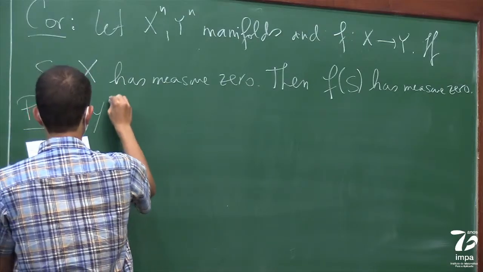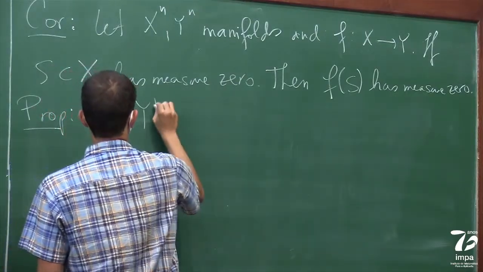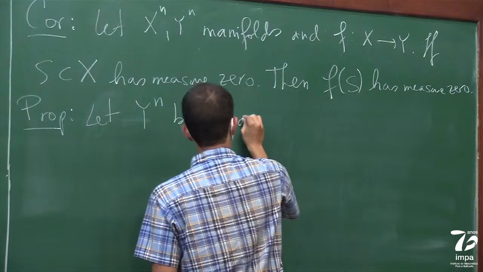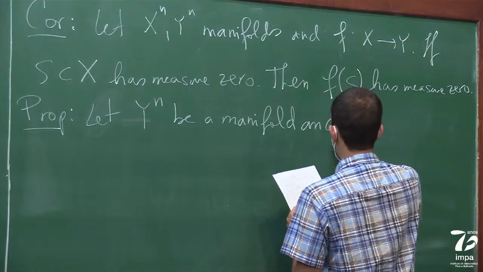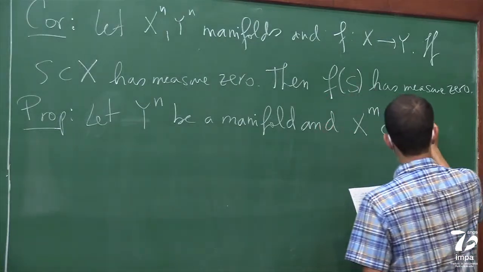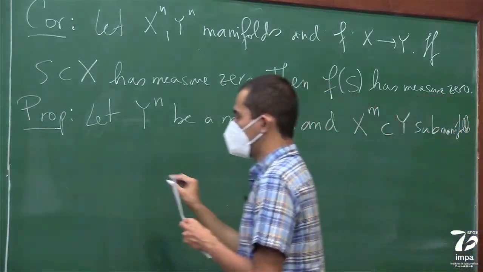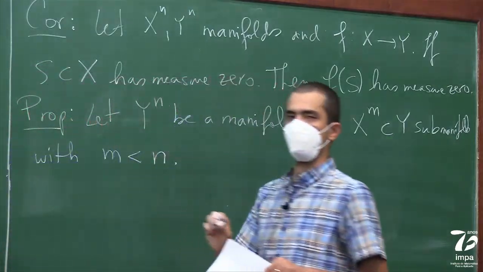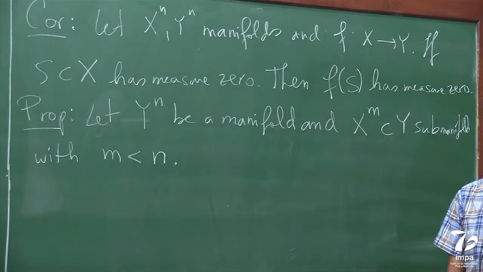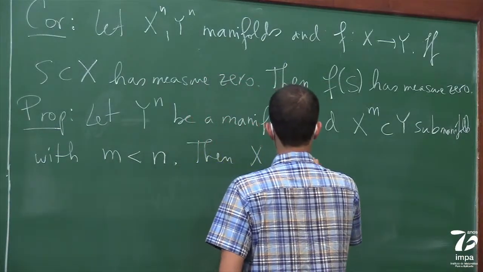Let Y be a manifold of dimension n, and X be a submanifold such that the dimension is strictly less than n. Okay, so a submanifold of codimension at least 1, then X has measure 0.